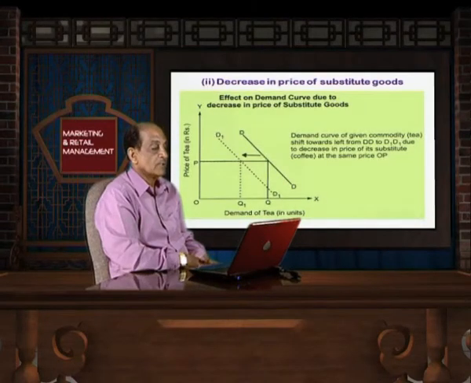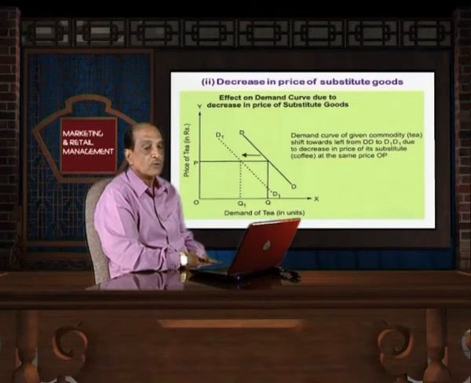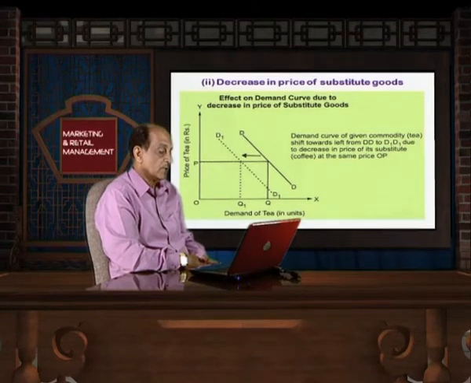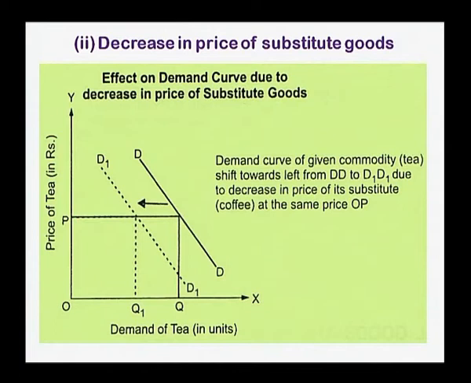Then what happens in case of a decrease in the price of substitute goods? Again we have taken the example of tea. The price is OP and quantity demanded in this diagram is OQ1 and OQ.